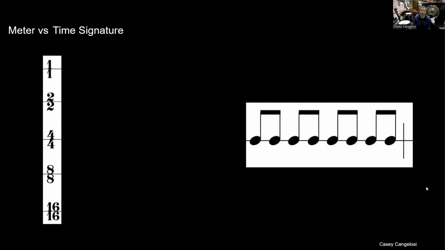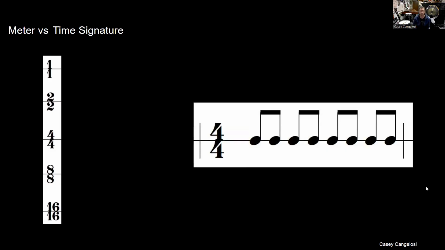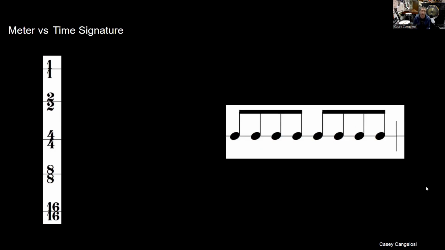You probably may know already that the best time signature for this is 4/4 because it fits the space within the measure, and the number 4 tells us how many beats there will be. This is also 8 eighth notes, but it's grouped into 2 large groupings. So the best time signature for this, because it further describes the meter, is 2/2.